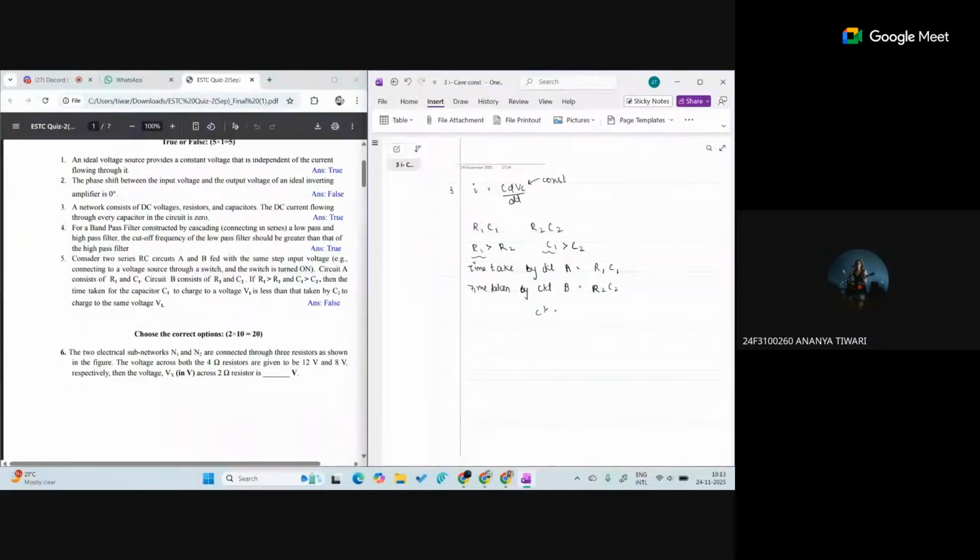Circuit A would be higher because we have R1 big and also C1 is larger. So this whole thing would be larger, right? Yes. And this R2 and C2 would be less.